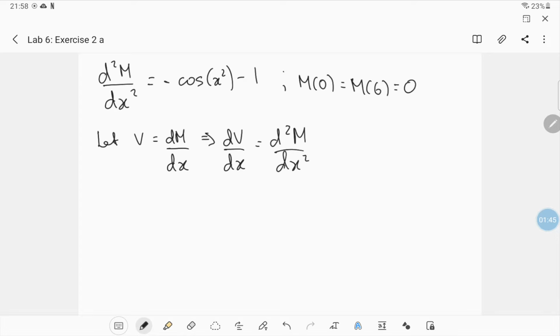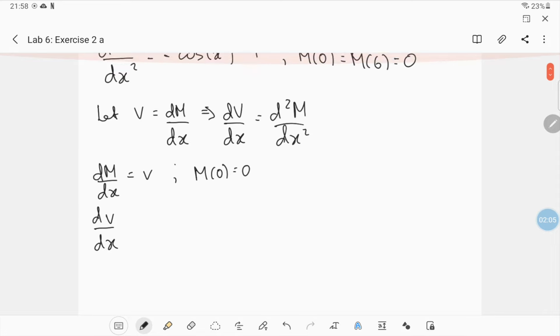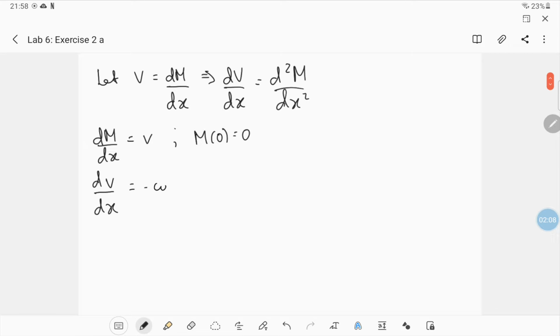So we'll have one for m: the derivative of m with respect to x is v, and the initial value of m is 0. And the derivative of v with respect to x is the second derivative of m with respect to x, which is minus cos x squared minus 1, and the initial value of the shear force is unknown.